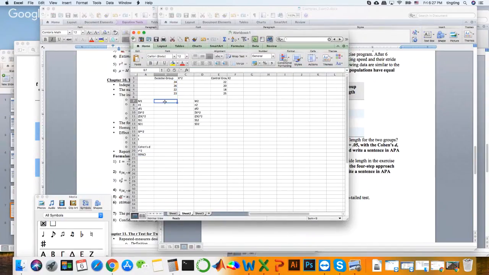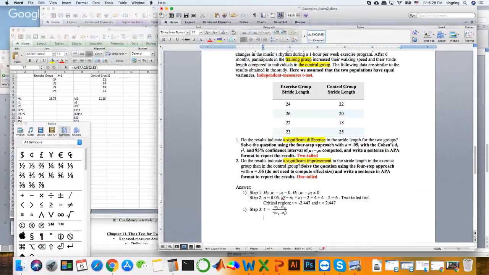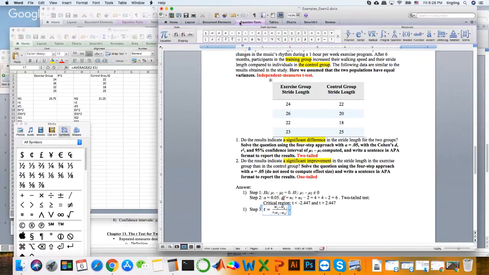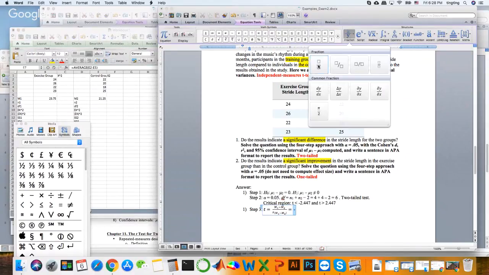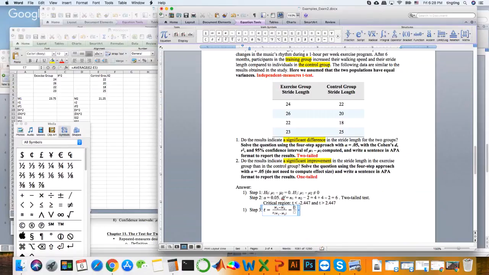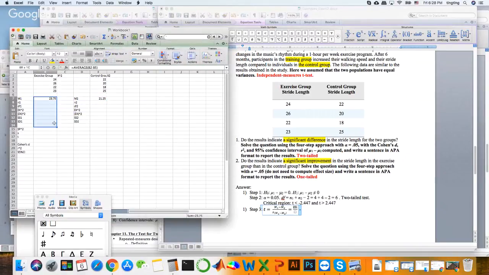So let's compute the M first, meaning the mean. We sum them and then divide by n. Okay, so here we know M1 equals, let's use 1 decimal place.